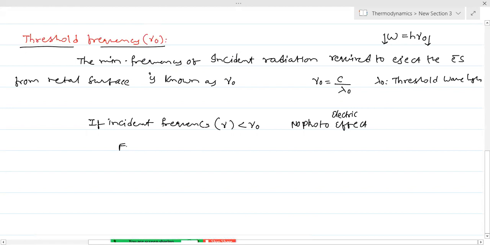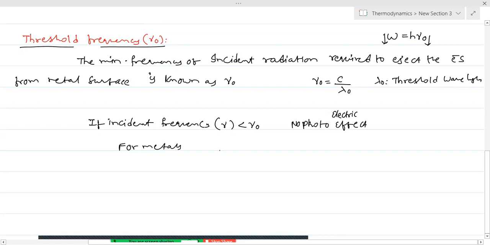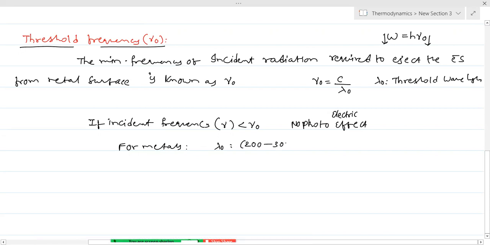For metals generally, lambda naught lies in the order of 200 to 300 nanometers, which lies in the ultraviolet region.